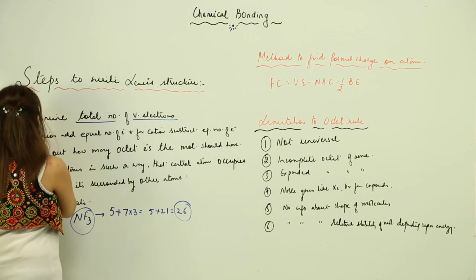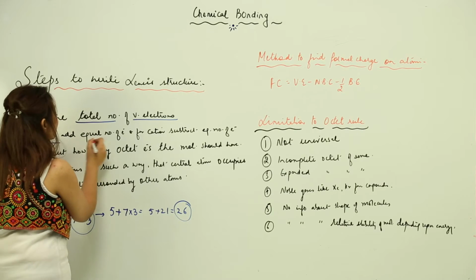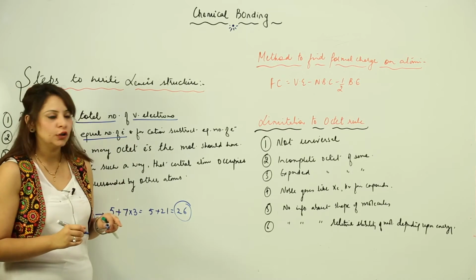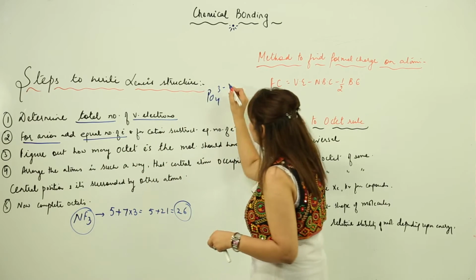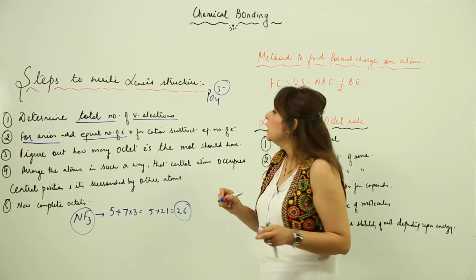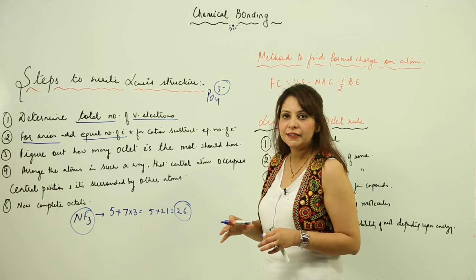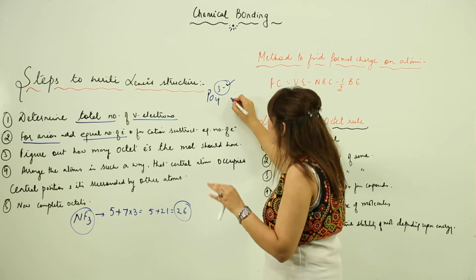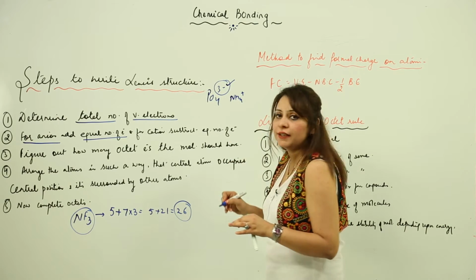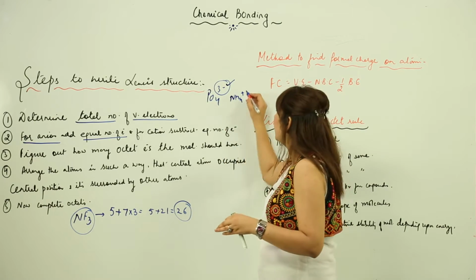Next, if there is an anion, you need to add an equal number of electrons. For example, if I have the phosphate ion, it contains a negative charge, so when you are counting the total number of valence electrons, you need to add that many electrons. But if the charge is positive, you need to subtract that amount of electrons.